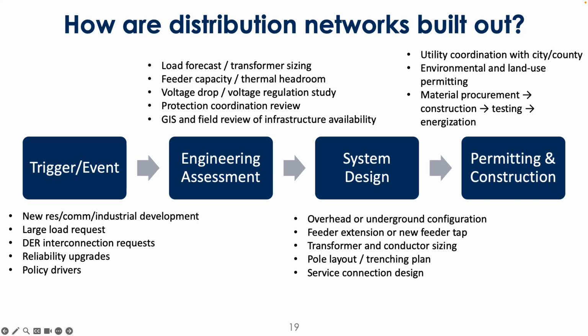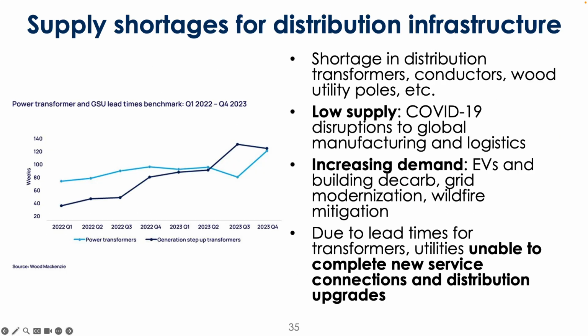You can imagine how that might affect everyone from a small business that wants to install an EV charger all the way up to a big entity that wants to put a new data center in place. Big downstream effects of all of this. Utilities are unable to complete new service connections and distribution upgrades because of this phenomenon.